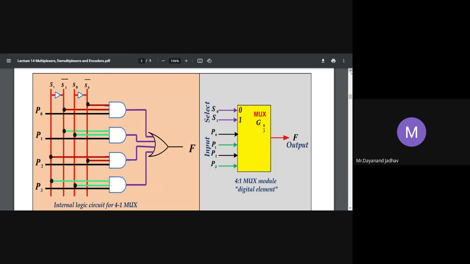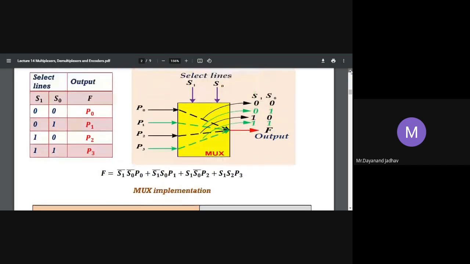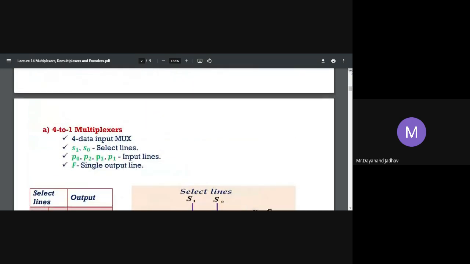In this way, first of all write down a 4 to 1 mux. How many inputs? 4 inputs are there. How many select lines? Two select lines are there. Why two select lines? Because 2 raised to m is equal to n, where n is the number of inputs.